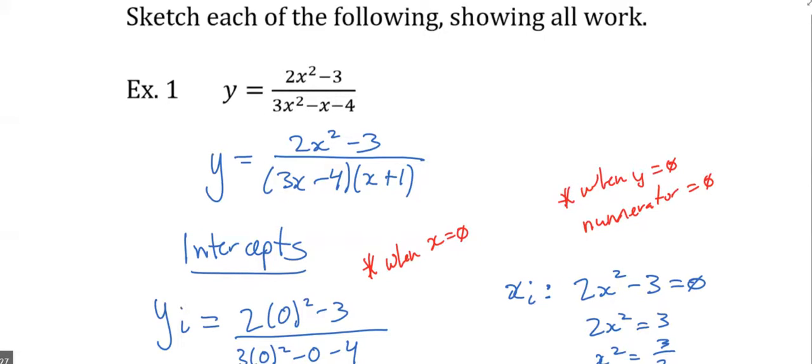So these are both degree 2. Remember, if you have a bigger degree on top, that's an oblique asymptote. Bigger degree on bottom, your horizontal asymptote is y = 0. But the same degree means I look at the highest degree term, and I just look at those coefficients. So 2/3.